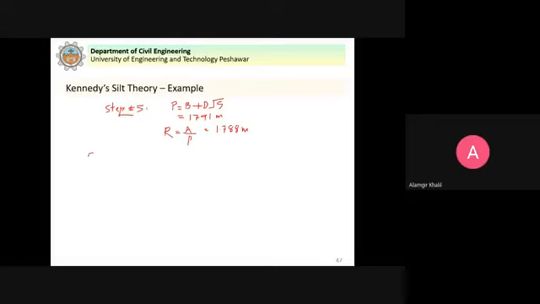And step number 6, we use the Kutter and Chezy formula. We can also use Manning's equation, but actually in the Kennedy's silt theory, he used the Kutter and Chezy formula. So step number 6 is you calculate C according to the Kutter's formula.